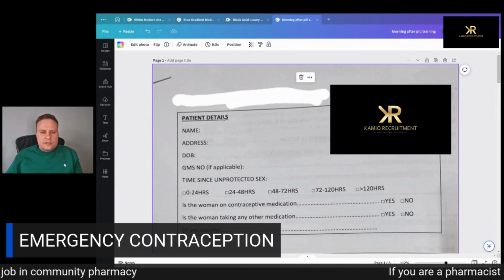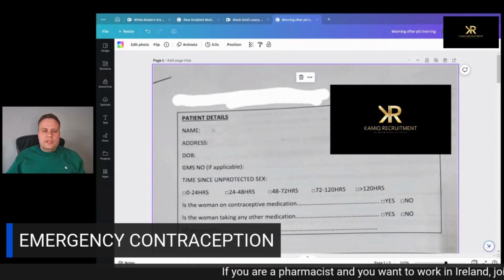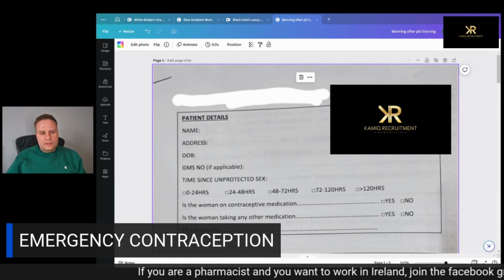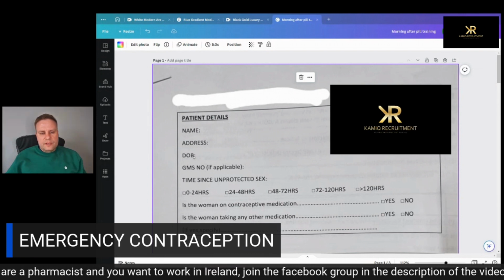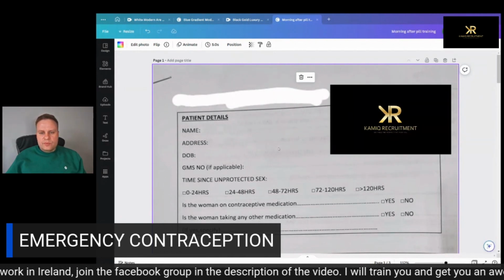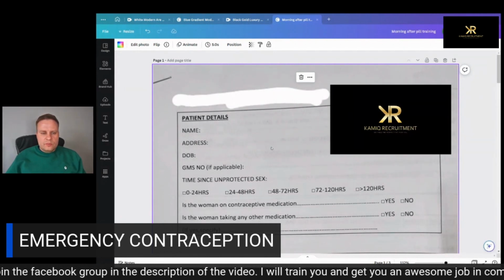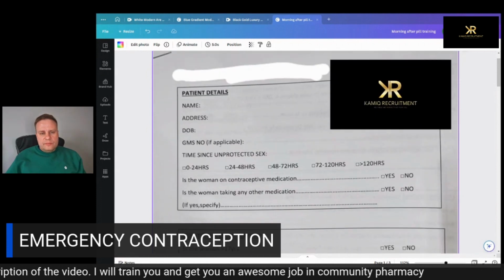So in the first section of the form, you obviously have the name and the address. DOB stands for date of birth. So you have to request the name, the address, and the date of birth of the person requesting the morning after pill. You can ask for the GMS number if applicable.